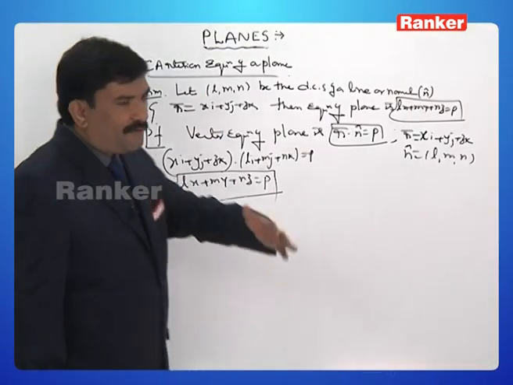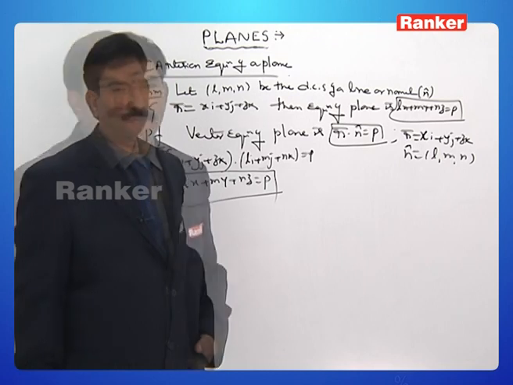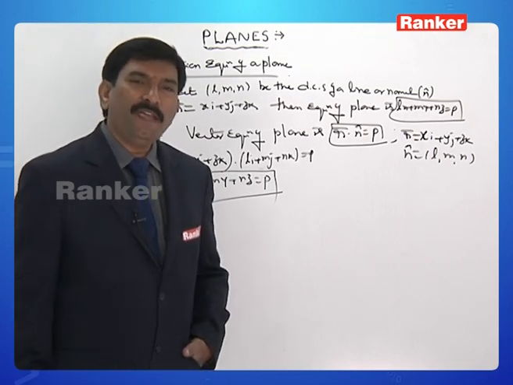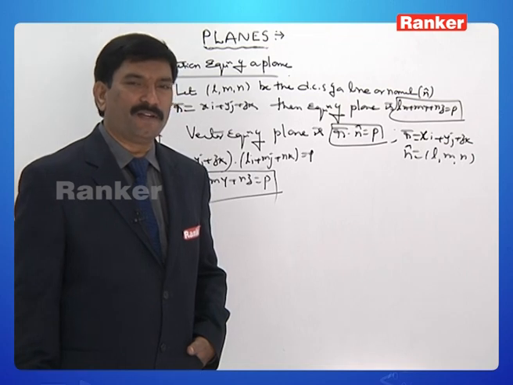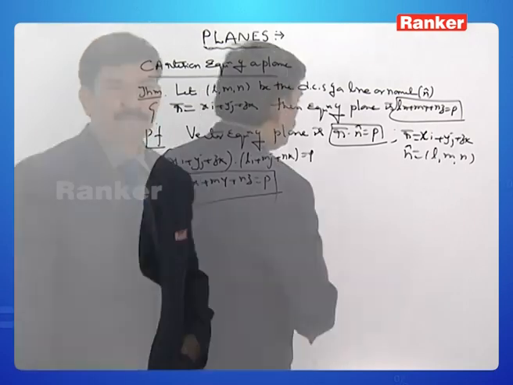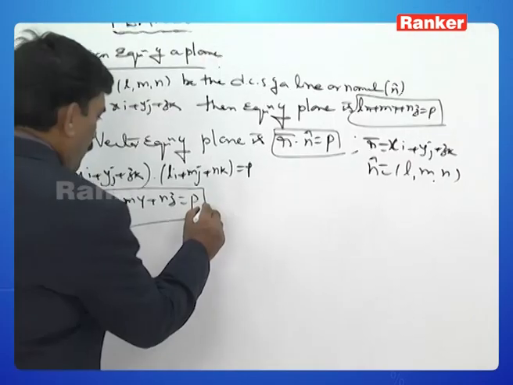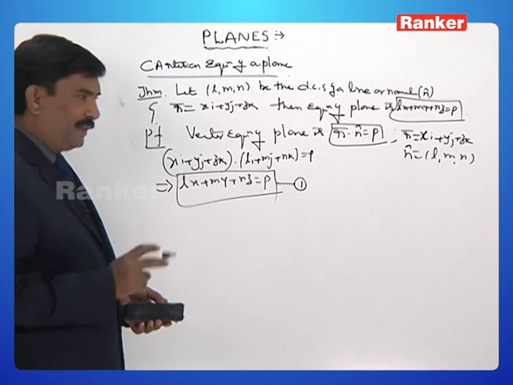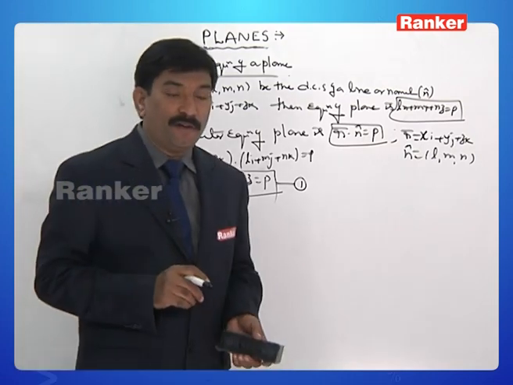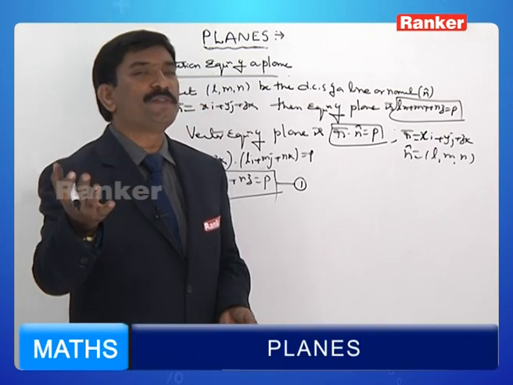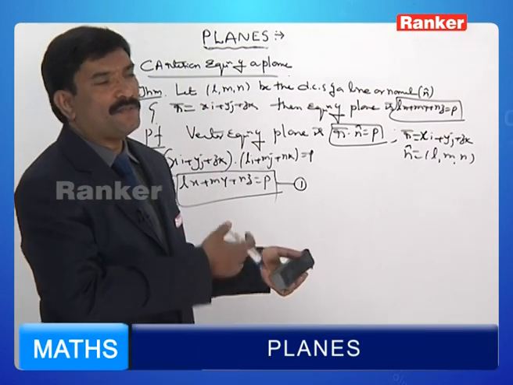This is the Cartesian equation of a plane, where l, m, n are the DCS of a normal and p is the perpendicular distance from the origin to the plane. Okay. Now, in the previous one I told r bar dot n cap is equal to p. When that plane passes through the origin, p is equal to 0. Here also p is equal to 0. Let us see.